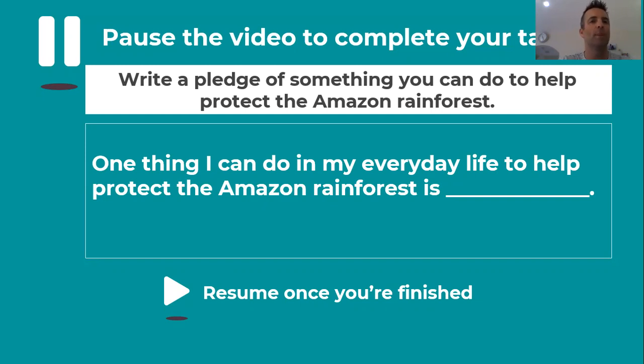For example, one thing I'm going to do every day in my life to protect the Amazon rainforest is to not leave the tap on for any longer than it needs to be on for. So if I'm brushing my teeth, for example, I'll turn it off when I'm brushing my teeth. So I wonder what you're going to do. Say or write down your pledge now. Pause the video and have a go.